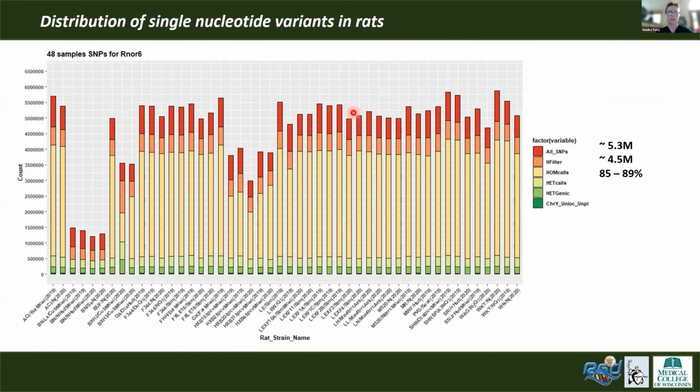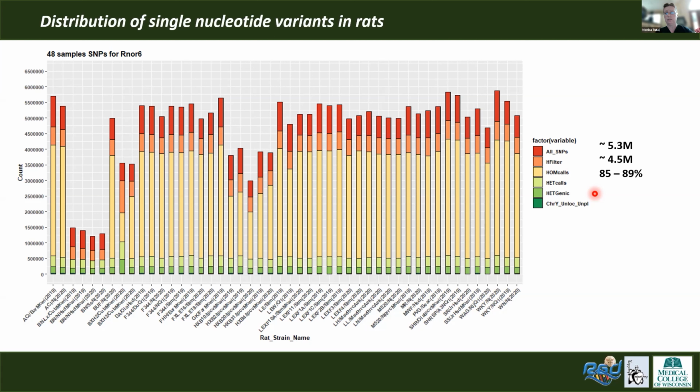For the distribution of single nucleotide variants, you can see that most of the samples show more than 5 million SNPs called. When we filtered, basically we are losing 1 million. Most of those variants are homozygous calls, but we can see a significant percentage of heterozygous calls. Now this is really interesting, because these are inbred rats, so where are those heterozygous calls coming from?